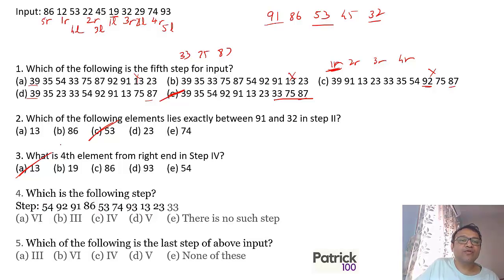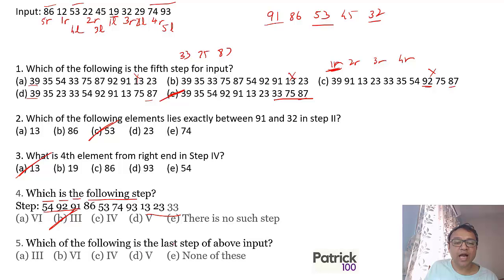If you look at 54, it basically comes from 45, third left. So 45 becomes 54, 19 to 91. So third step basically. But let's look at other numbers that are arranged as per order. 86, 53, 74 and 93 are arranged as per order. The remaining elements, three elements are arranged on left and right. Remaining are arranged properly. So this will be the third step.